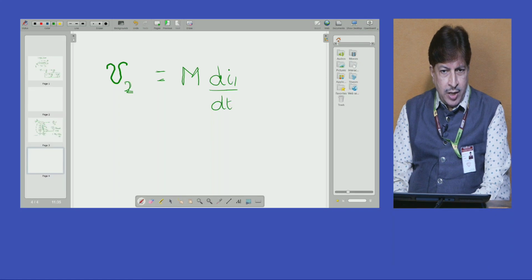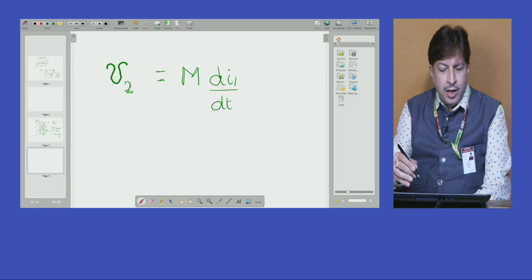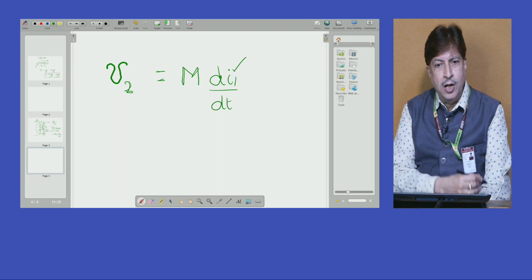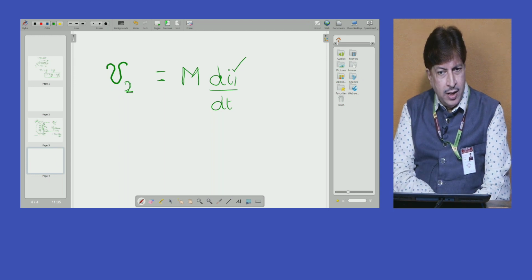The first one is this EMF in coil number 2 is because of change of current in coil number 1. This current I1 is given to coil number 1.